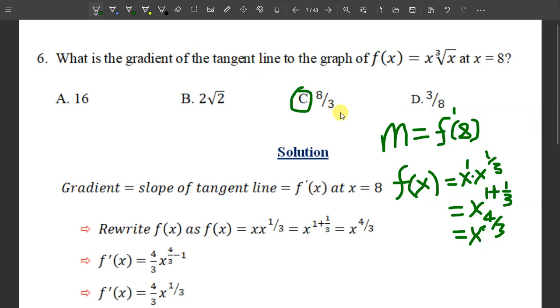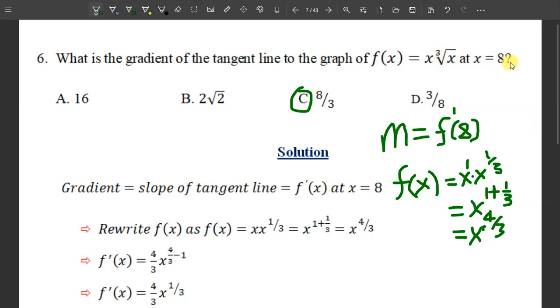Suppose you are asked to find the equation of the tangent line to the graph of f of x is equal to x times the cube root of x at x is equal to 8.